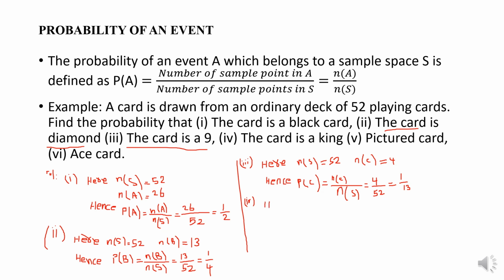Here the number of S, the sample space, or the total number of cards, is 52. The number of D cards, the number of king cards, is 4.